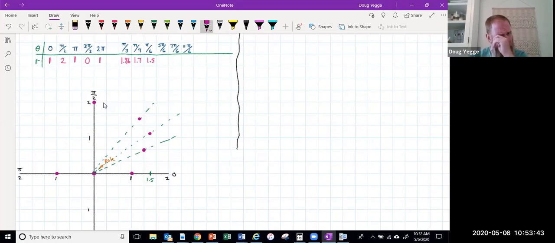But what we should be able to recognize is that as I'm moving from 0 to pi over 6 to pi over 4 to pi over 3 to pi over 2, it looks like it is creating this curve here. Okay, I'm a lot neater on the board at school, so sorry, but you get the idea.